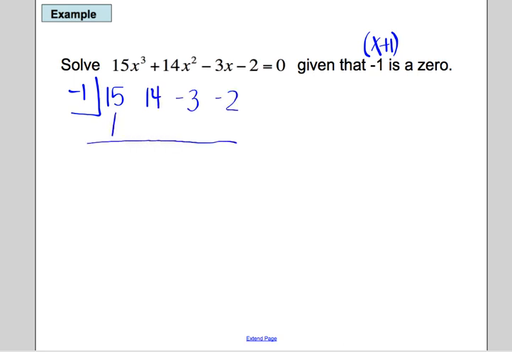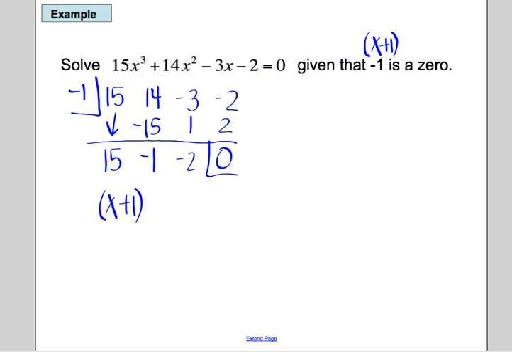Drop down the 15, multiply, add, multiply, add, multiply, and we get 0. And this is good. We want a 0 there. We don't want to have a remainder now. That's not going to help me much. So I know I have x plus 1, that's one of the given factors. And then I'm going to have 15x squared minus x minus 2. And that came from our coefficients, our synthetic division.